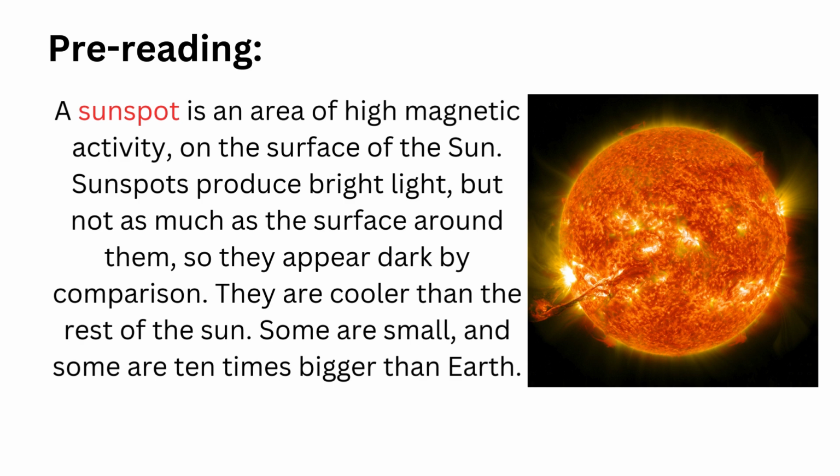Sunspots produce bright light, but not as much as the surface around them, so they appear dark by comparison. They are cooler than the rest of the sun. Some are small, and some are 10 times bigger than Earth.